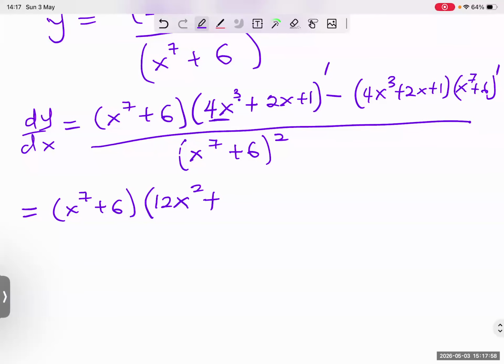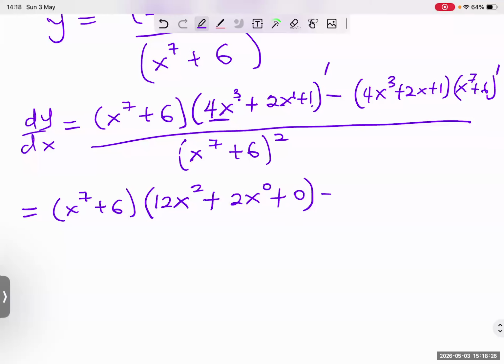Plus, differentiate the 2x. The x here has 1 at the top. So we multiply the 1 by the 2, that will be 2x. Subtract 1 from the power. The power is 1. 1 minus 1 will give me 0. Plus, differentiate 1. The derivative of 1, which is a constant, is 0. So that is the derivative of the function in that bracket.